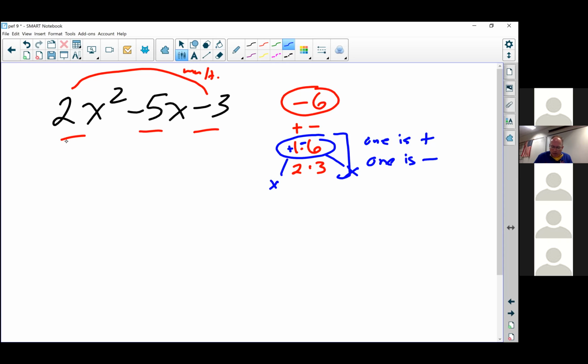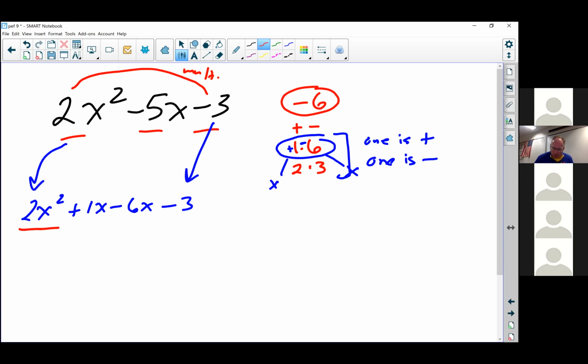And now I'm going to bring down my first term, which is 2x squared. And I'm going to put in whatever order I want, but make sure the signs come with it. And then I'm going to bring down my last term. So if I went +1 minus 6, I'd get the -5. But what this did is this allowed me to get 4 terms. Okay, so I have 4 terms.